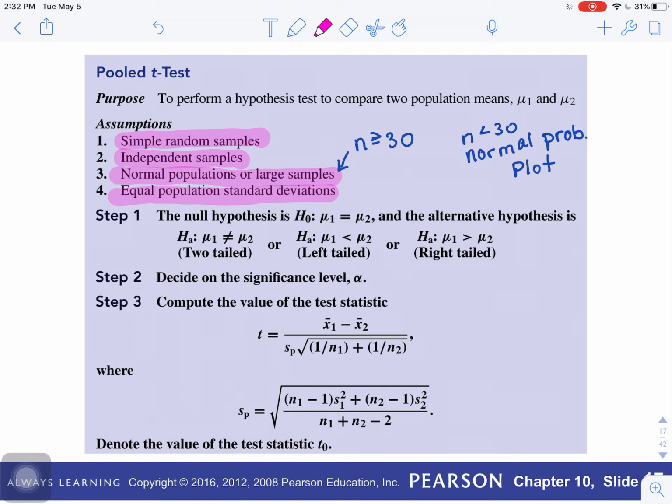When we're talking about different population standard deviations, we're talking about like one might be 50 and the other might be 12. So you'll know that they're either close together or that they are definitely far apart.